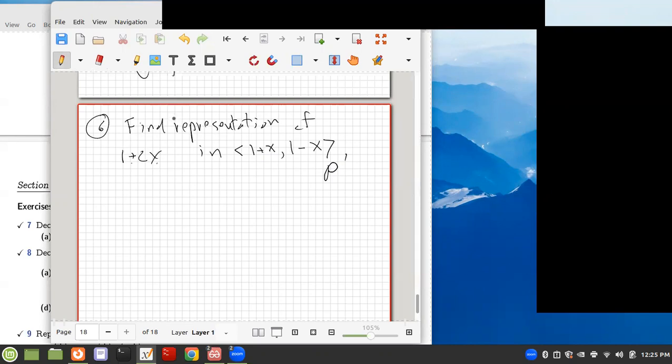Okay? Find the representation of V equals 1 plus 2x in the basis 1 plus x, 1 minus x.